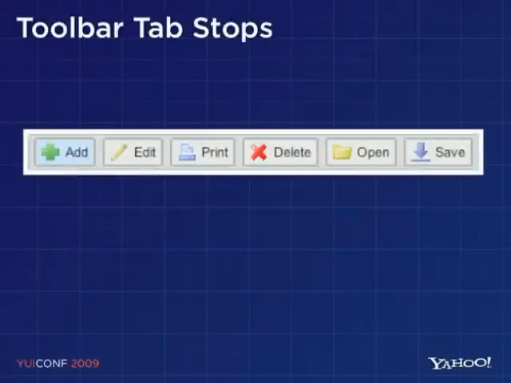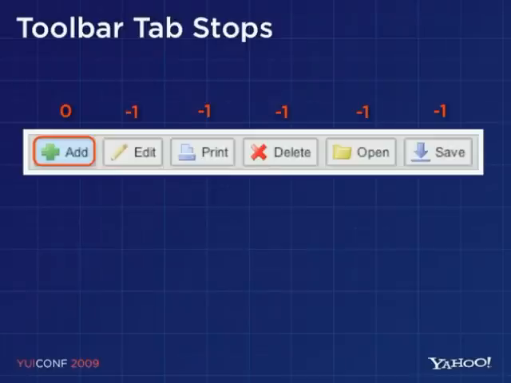And so if we zoom back into our toolbar example, again, by default, all these buttons are going to be in the default tab flow, and we want to do this. We want to make it so that just the first button in the toolbar is focusable, and the rest have a tab index of -1. So they are not in the default tab flow.